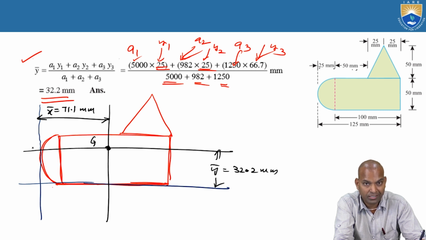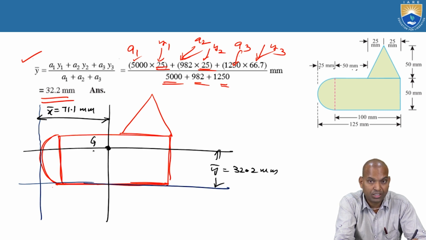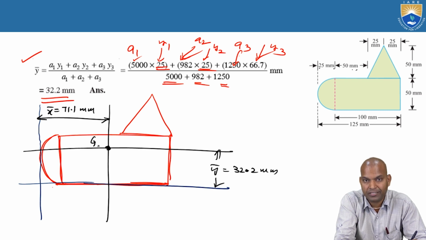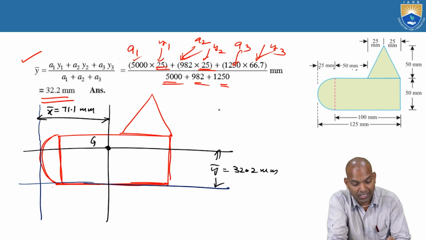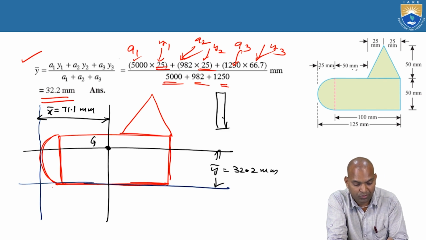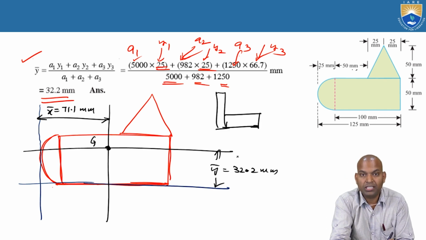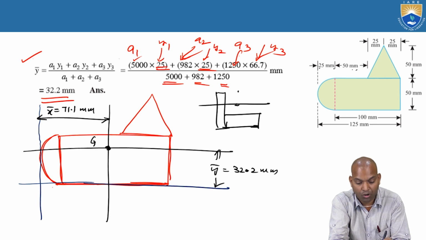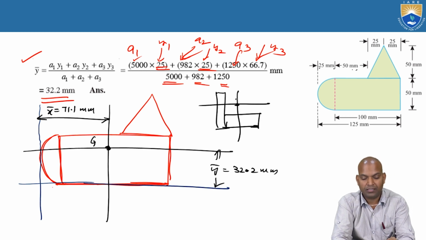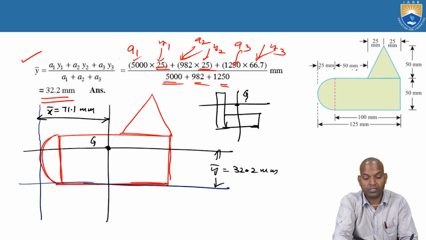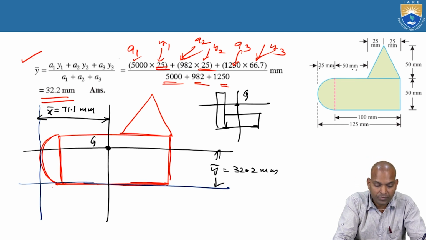It is an unsymmetrical geometry, but in this case the point of centroid occurs on the geometry. Whereas the L section is the unique one. For this, the centroid we got is outside the geometry.